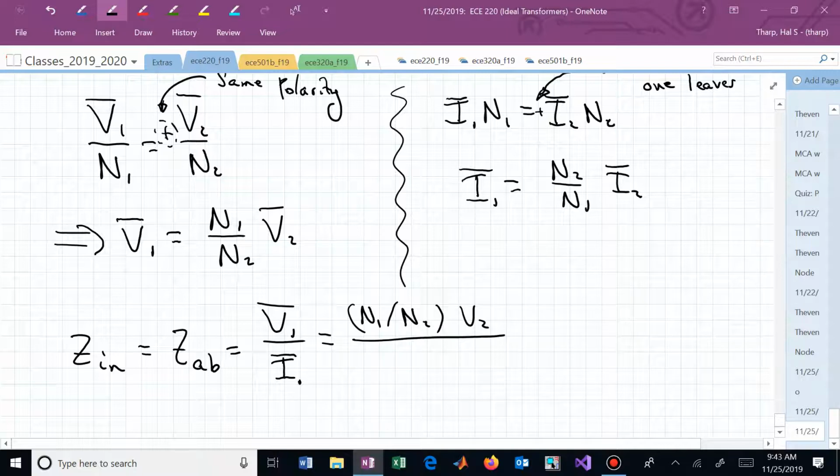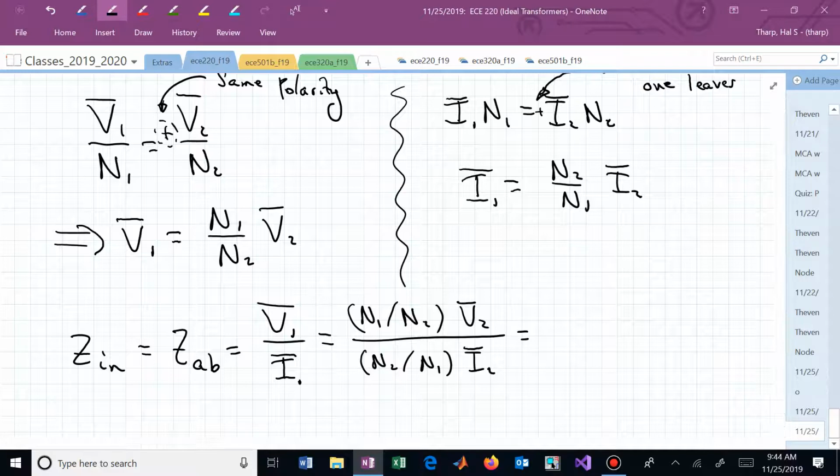I1, we have an expression for that. That's N2 over N1, I2. We know V2 phasor over I2 phasor is Z sub L. And N1 in the basement of the basement comes upstairs. We now have N1 squared over N sub 2 squared, scaling V2 over I2.